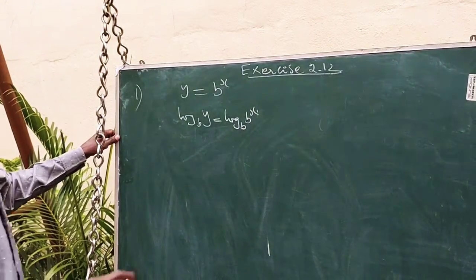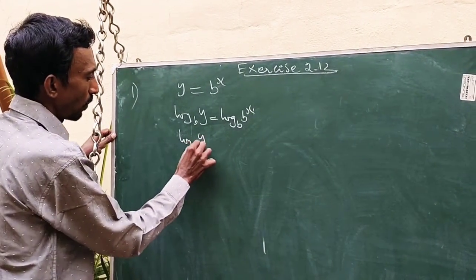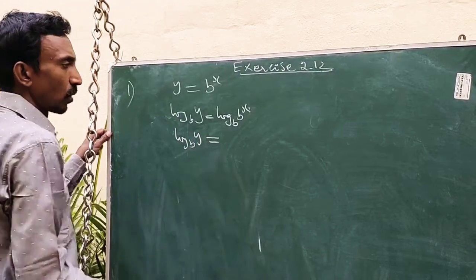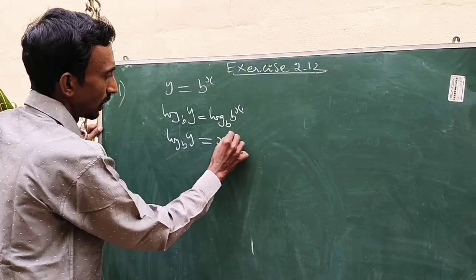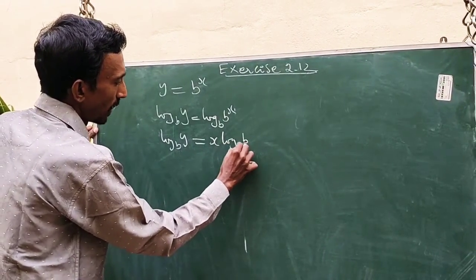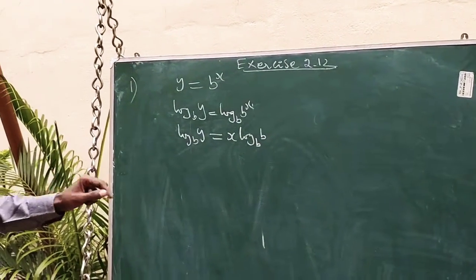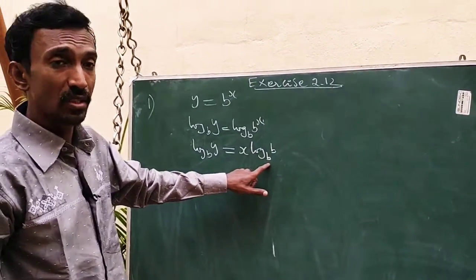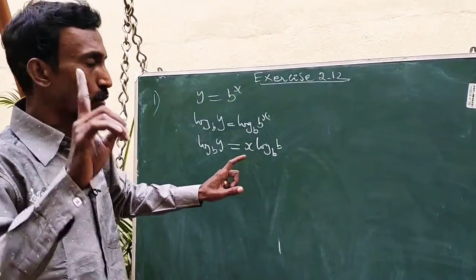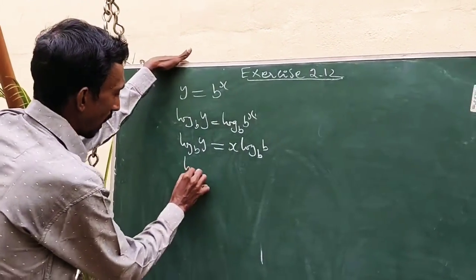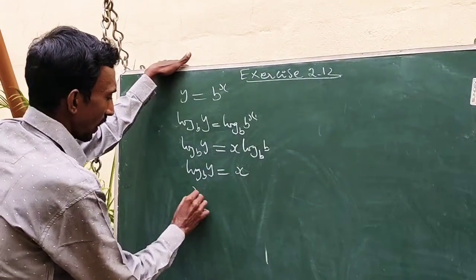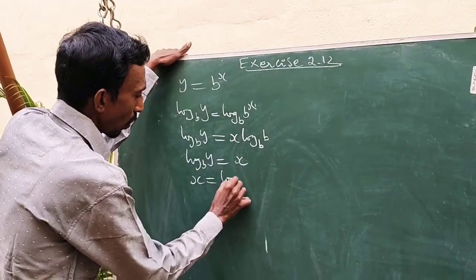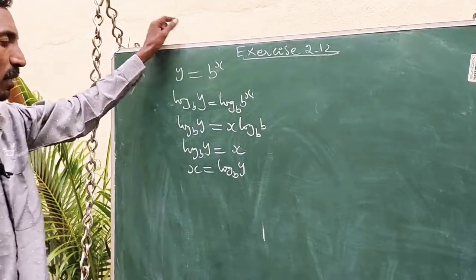Use the power rule, so it can be written as x into log b base b. Remember that when the log value and the base value are the same, the logarithm value is 1. So log y base b equal to x, or x equal to log y base b. It is the logarithmic form.